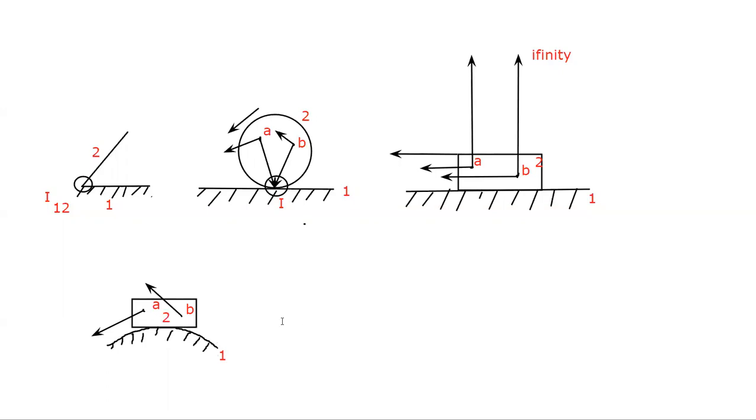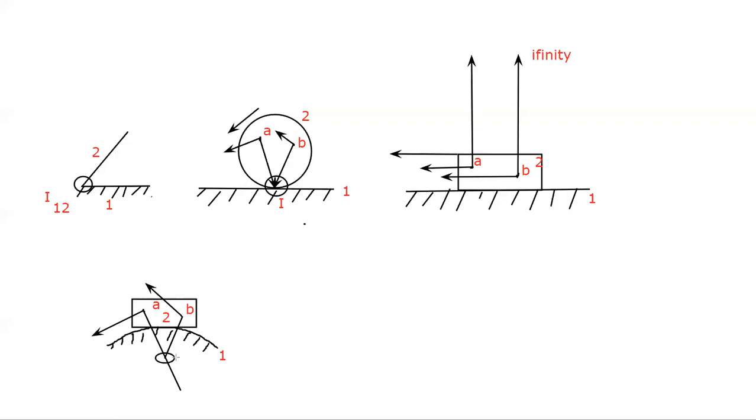If I draw a perpendicular to this velocity in this direction, and a perpendicular for the direction in which this point is trying to move, you can see the point is matching here. So this is my instantaneous center.